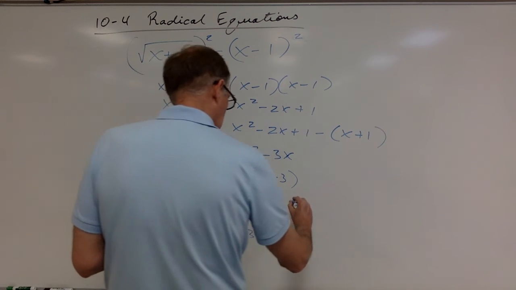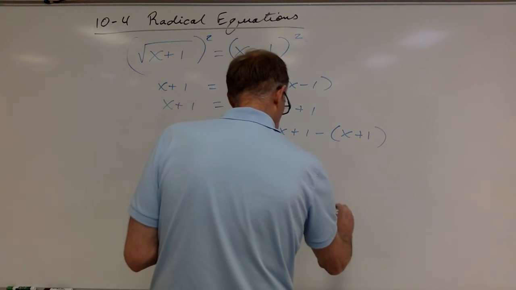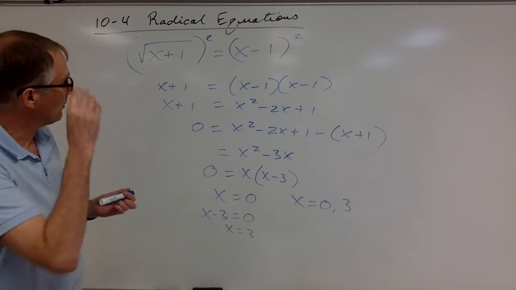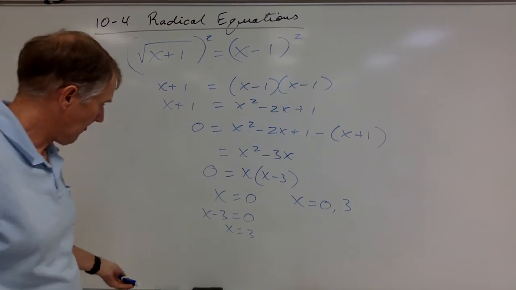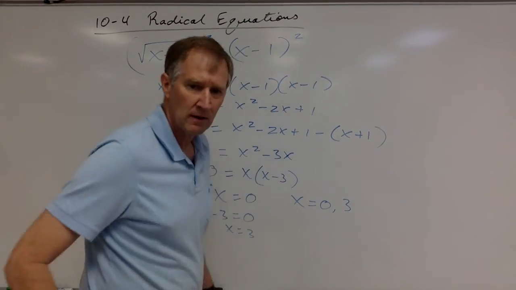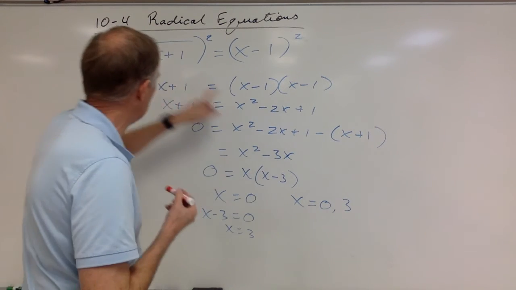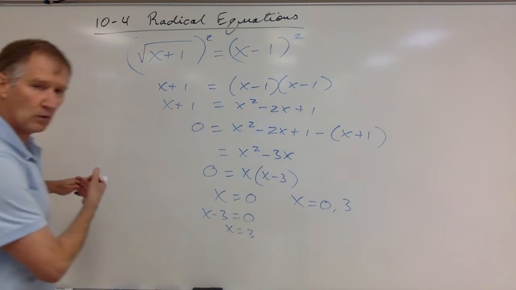On Math Excel, you would type that as x equals 0, 3. But hold the phone, Wilbert. You should check this. How am I doing on time? Okay, I'm okay. I am going to check this. I'm going to put in 0 for x into the original equation.